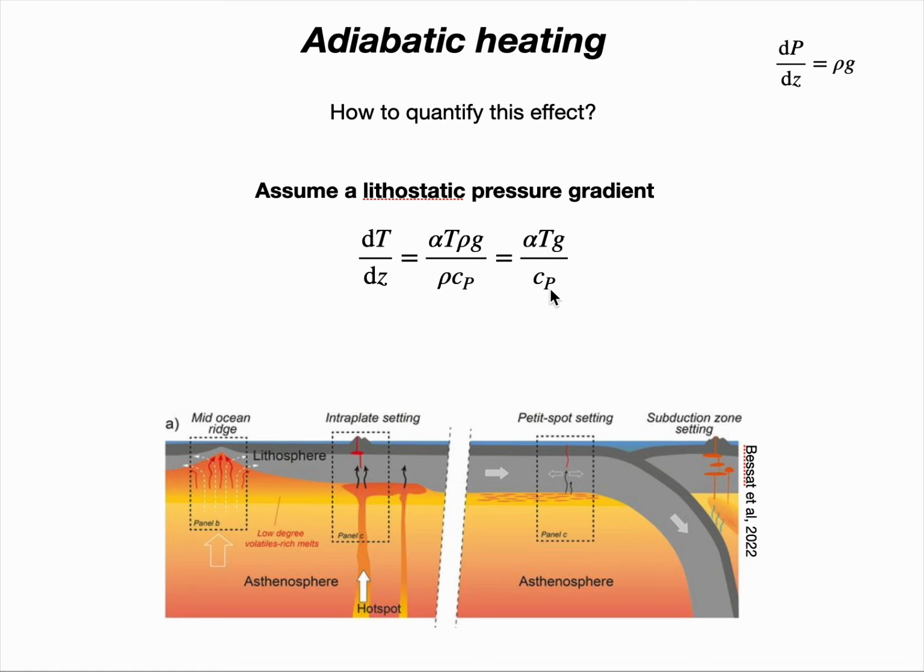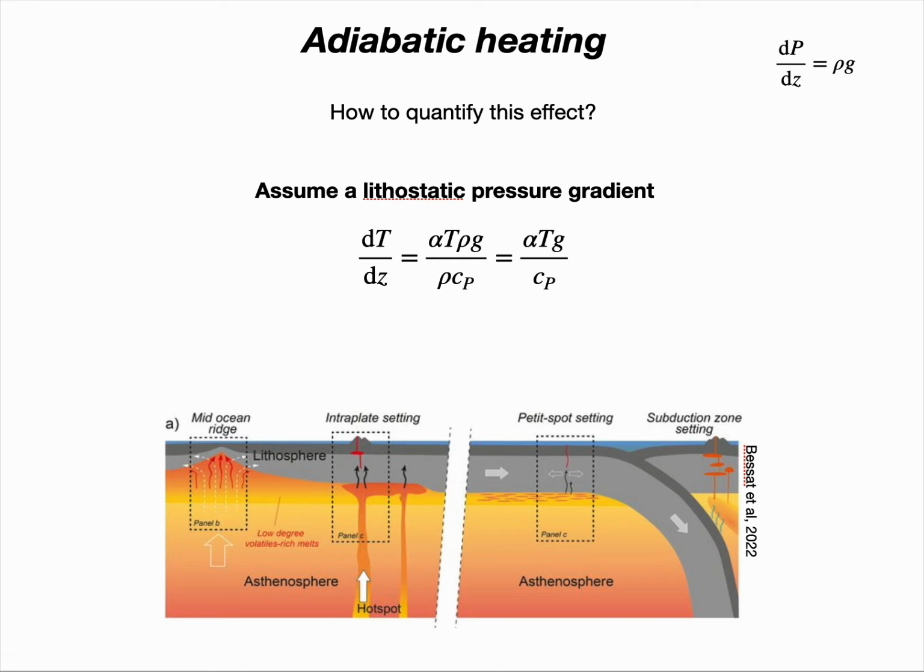This is how to calculate a lithostatic adiabatic heating, so the dependence of temperature with depth in the mantle, using several basic material parameters such as the heat capacity at constant pressure, the thermal expansivity, and here we have gravity and temperature that also enters this expression.